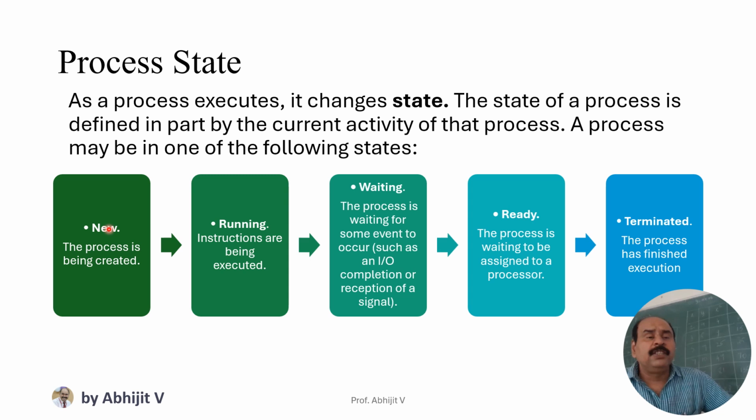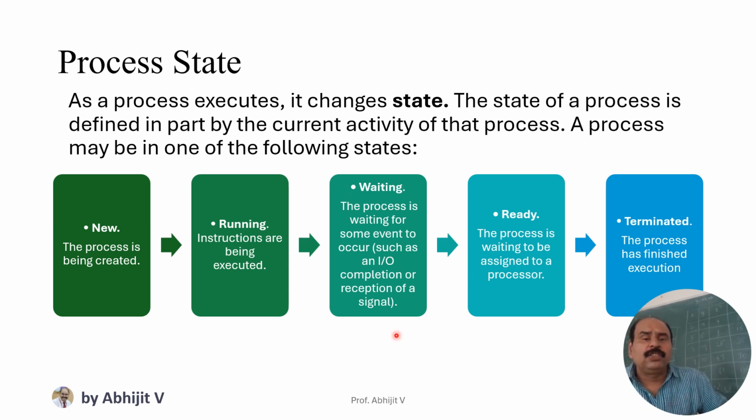The first state is new, that is when a new process is created. The second thing is that it will start running, right? Another stage is waiting. Say you give a print command while one printing is already going on. What happens? It keeps waiting, right?